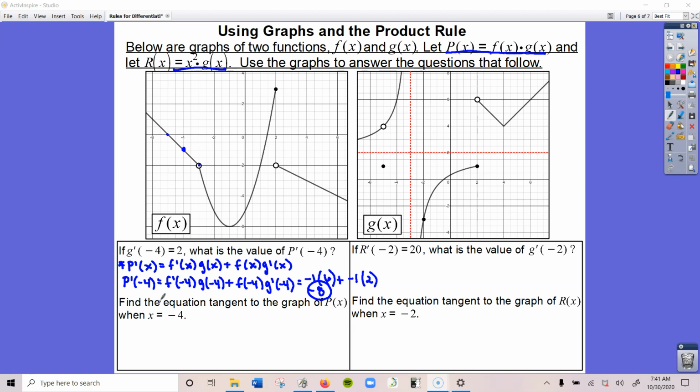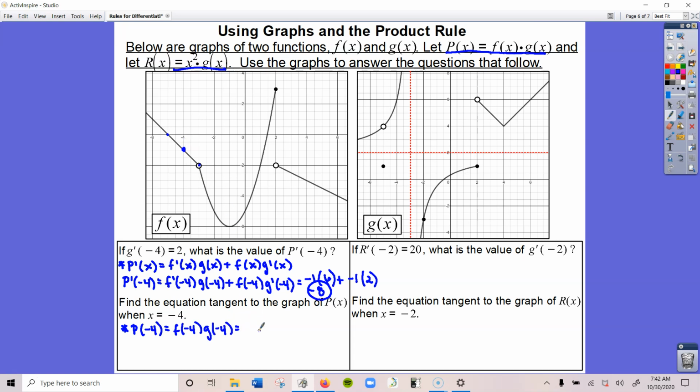Now it says to find the equation tangent to the graph of p of x when x is equal to negative 4. We have p prime of negative 4, so that would be my slope, but I am missing my point of tangency. So that means that I need to find p of negative 4. And remember that p of x is f of x times g of x. So that would be f of negative 4 times g of negative 4.